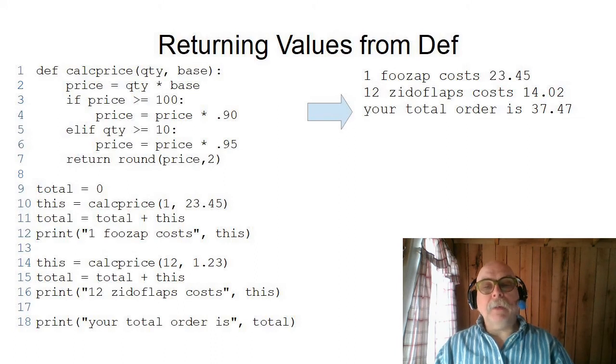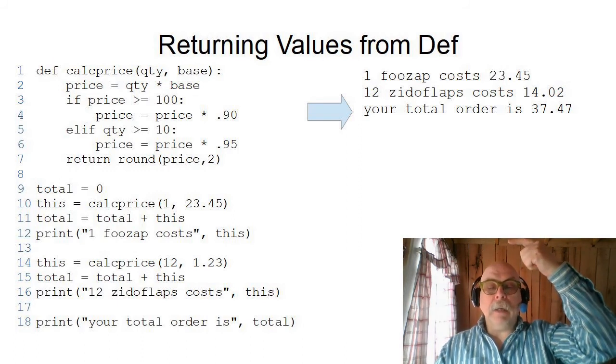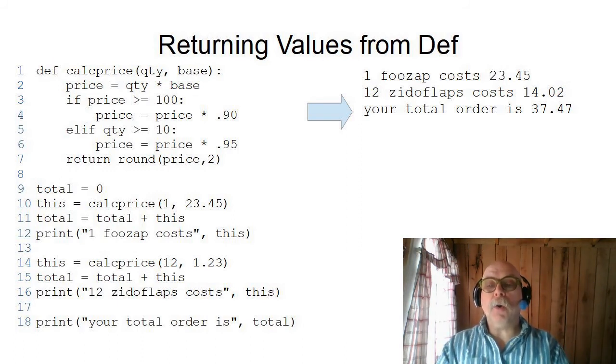So I went back to the calc price example from a few slides ago, only this time notice that line 7 returns the round of price comma 2. So instead of printing the value out directly, this version of the function now returns the number to two decimal places back to you.